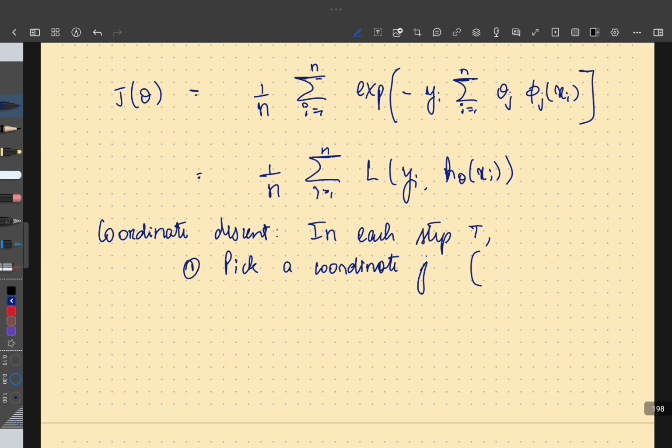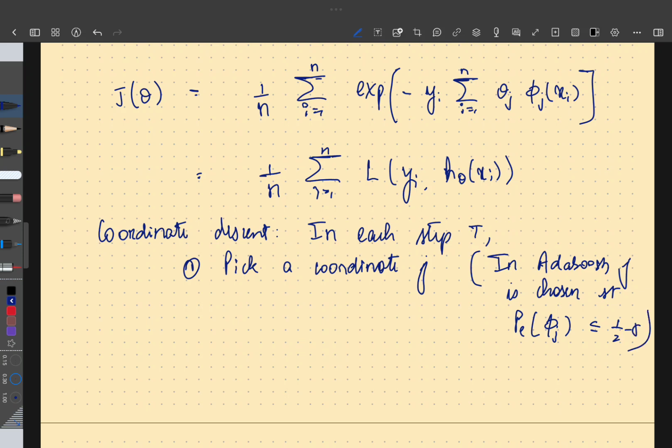In the context of AdaBoost, j is chosen such that the probability of error of h_j, or in this case phi_j, with respect to whatever distribution is less than or equal to half minus gamma.